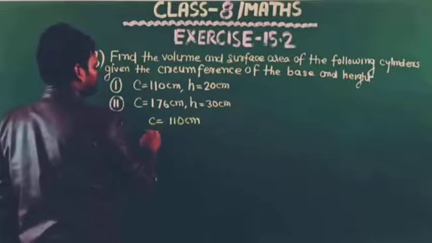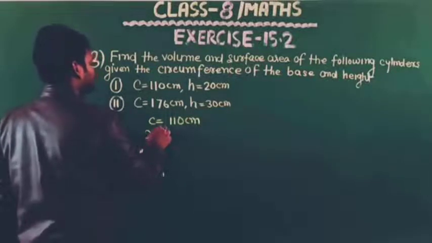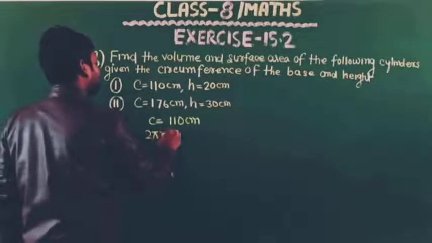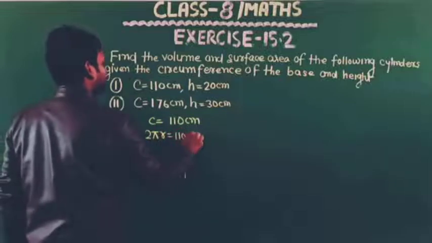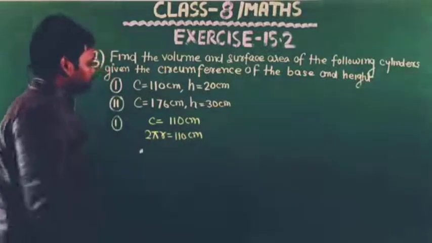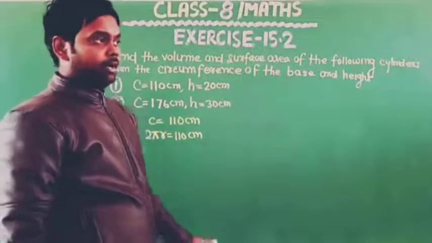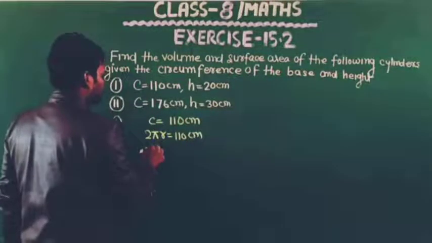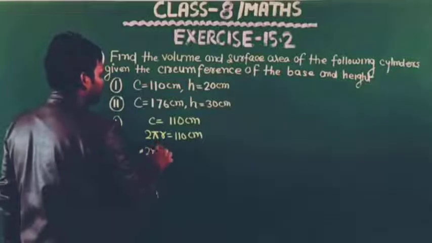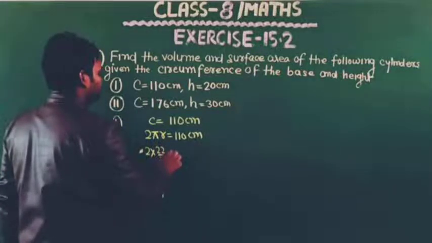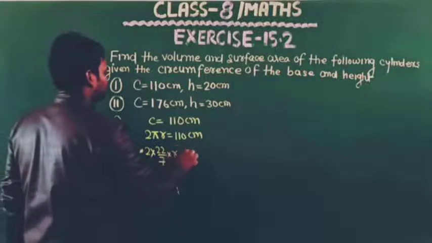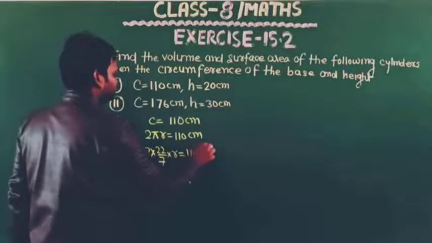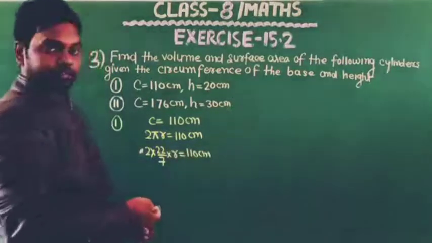So this means we have 2 pi r equal to 110 centimeter. First I will calculate the radius of the base. Substituting the value of pi 22 by 7, we get r equal to 110 centimeter.